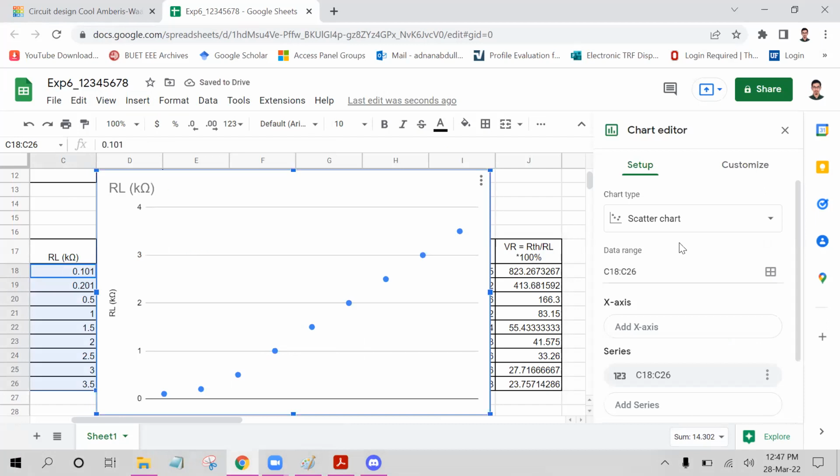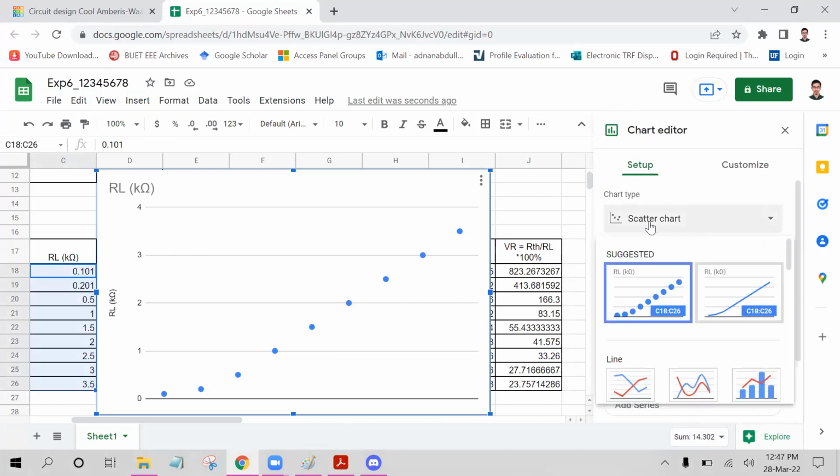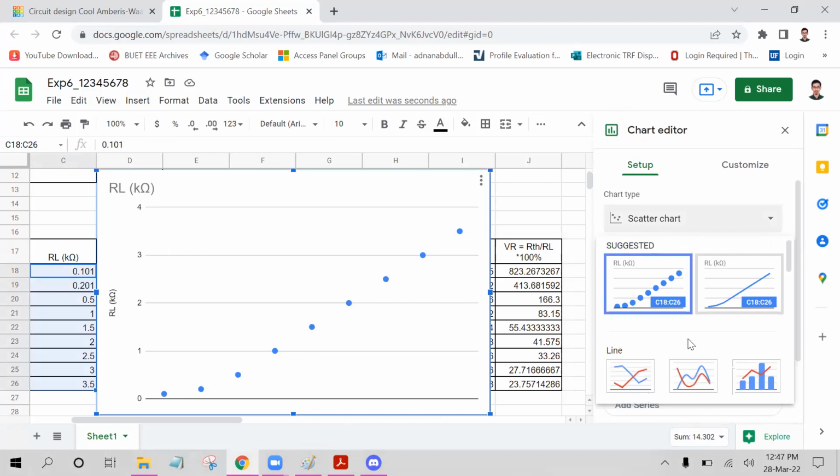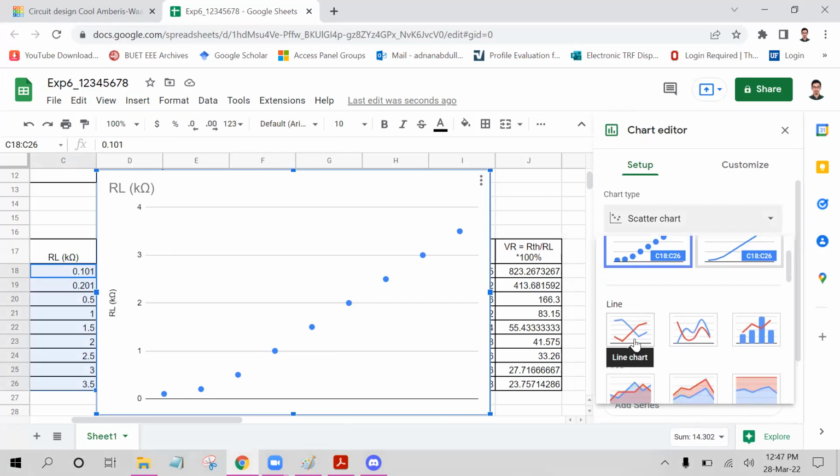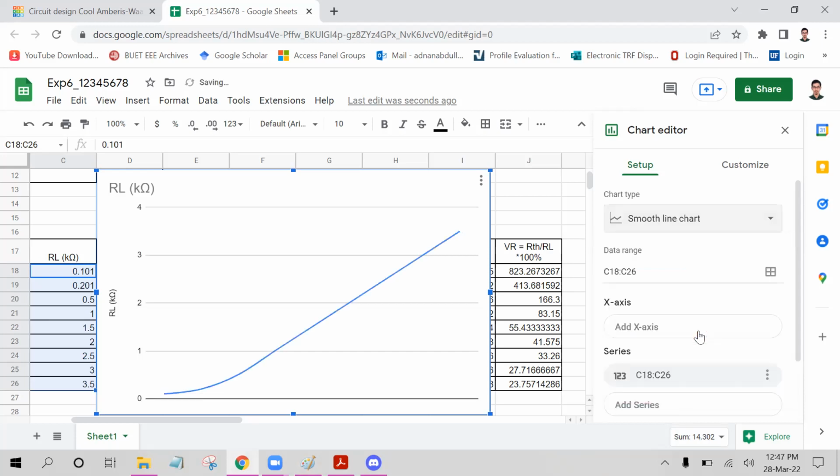Now the chart can be initially of different type. Please observe carefully what we need to modify here. First of all, we need a line chart or line graph. So you can select this one or the smooth line. Both will serve the purpose.